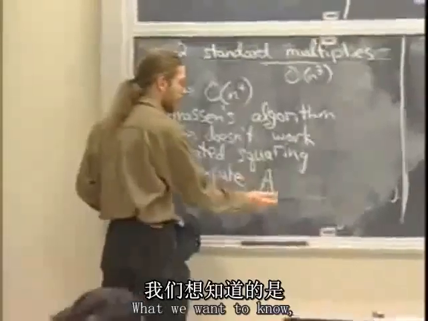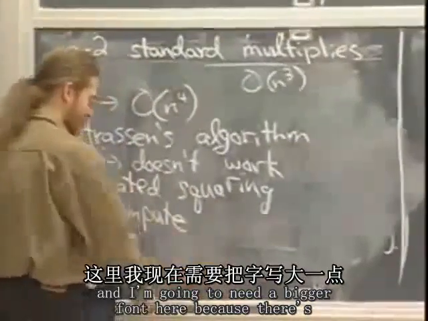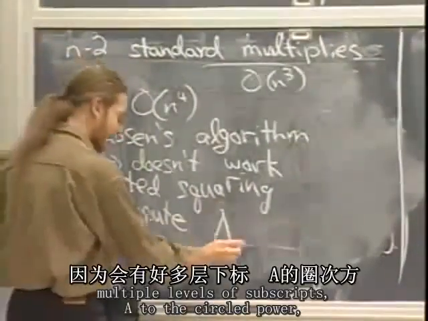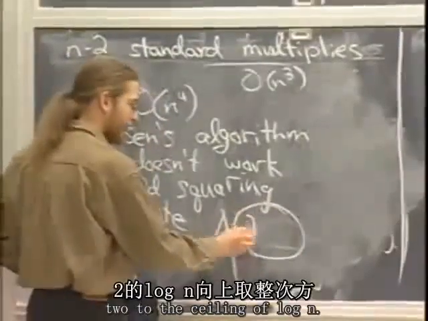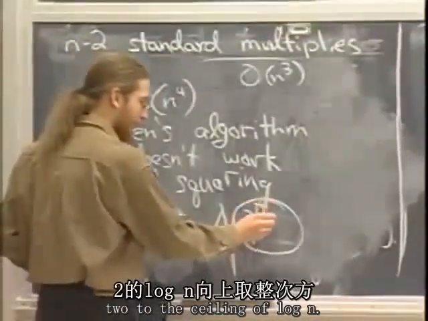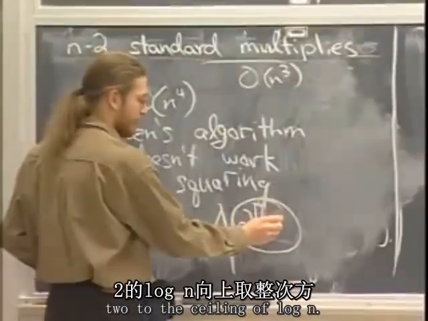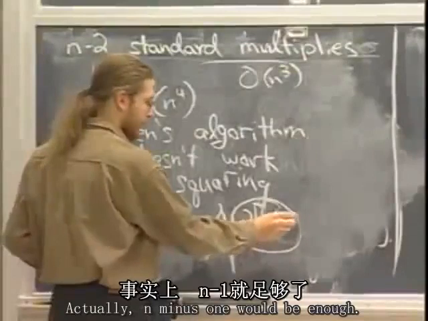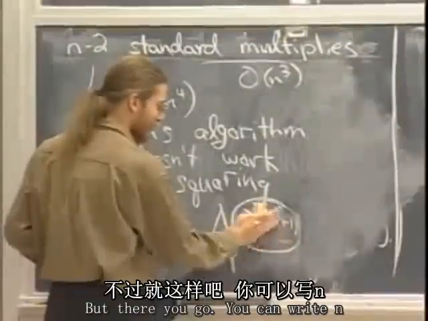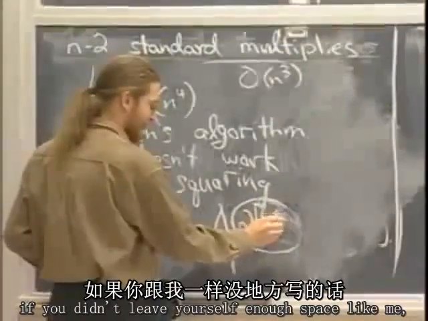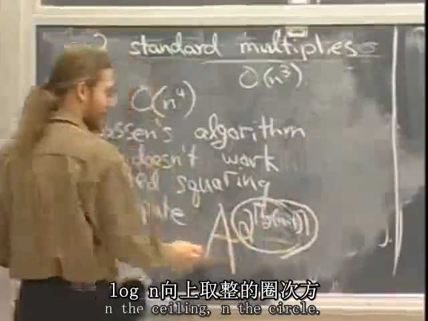What we want to know, and I'm going to need a bigger font here because it's multiple levels of subscripts, is A to the circled power 2 to the ceiling of log n. Well, actually, n minus 1 would be enough. You can write n if you didn't leave yourself enough space like me. And the ceiling and the circle.